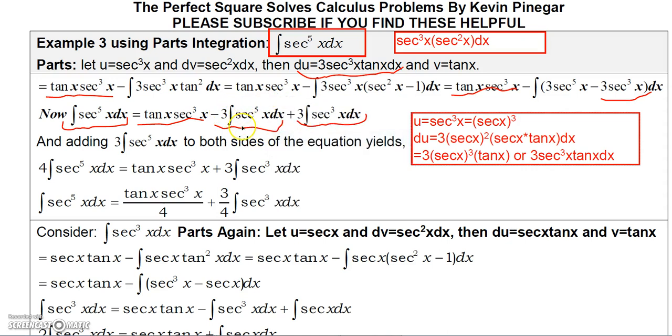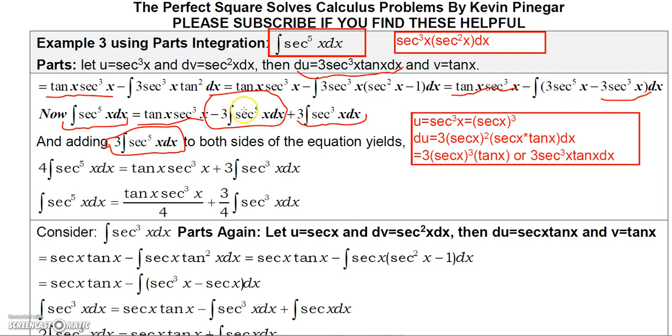So what I could do now is that little trick I showed you earlier called the foldback rule. If I add this term to both sides, it would cancel it on the right-hand side of the equal sign.